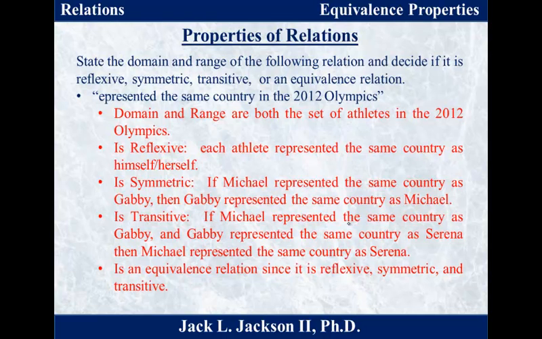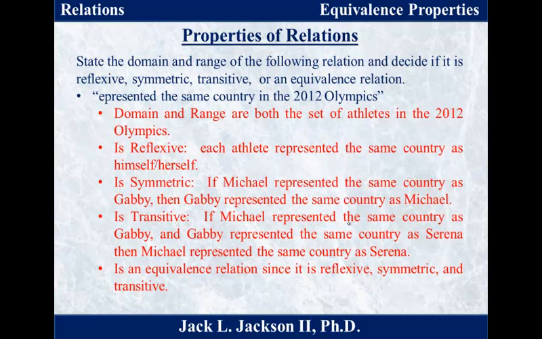It is symmetric. For example, if Michael represented the same country as Gabby, then Gabby represented the same country as Michael. It's also transitive. If Michael represented the same country as Gabby and Gabby represented the same country as Serena, then Michael must have represented the same country as Serena.